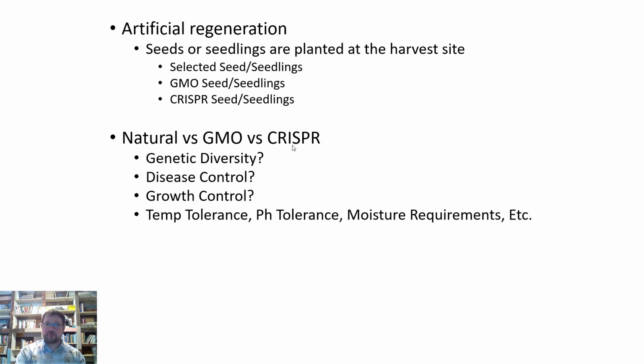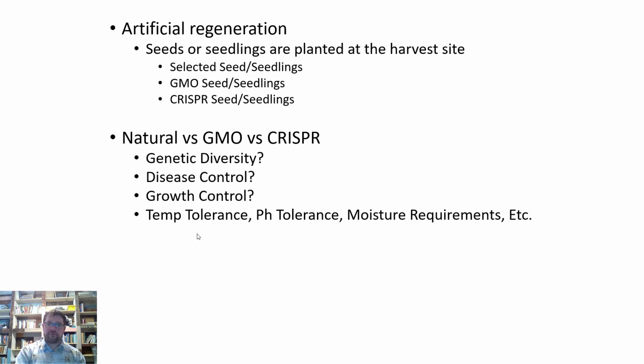Disease control: if you want none, or very little control over the diseases, you're probably going to look at natural. And if you want a lot, you're going to select a GMO or a CRISPR. Growth control, same thing. Natural means they just grow at whatever rate that seed's genetics naturally allows for. With GMO or CRISPR, you could control some of the growth.